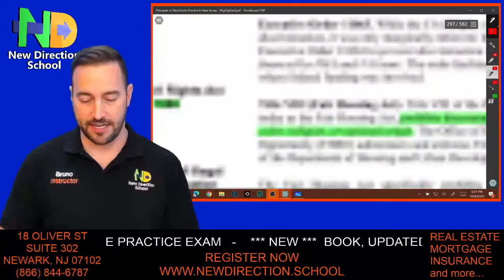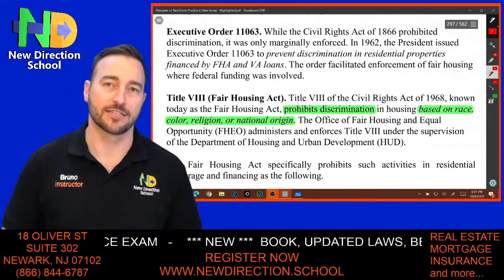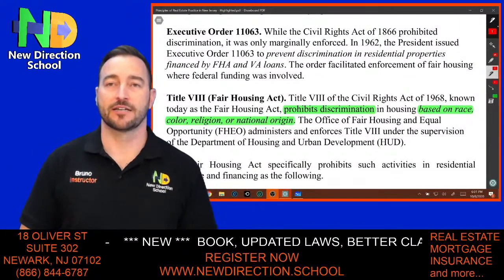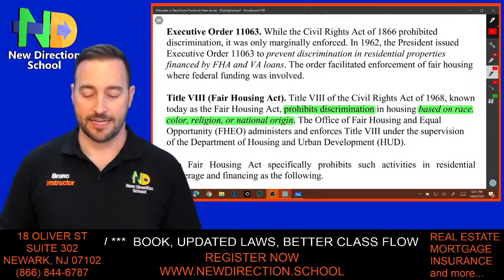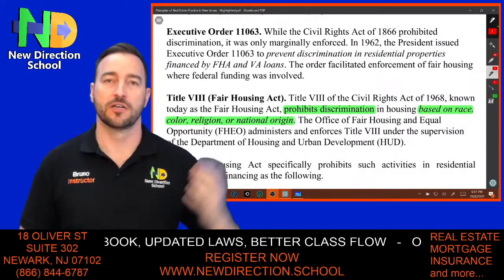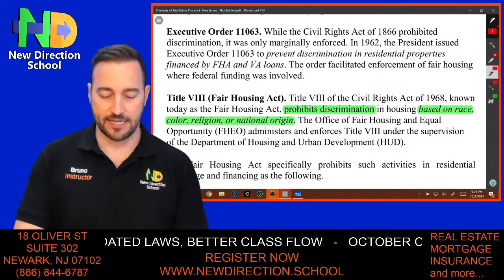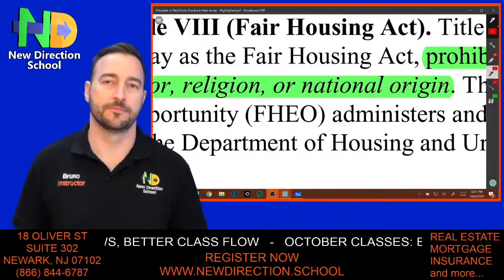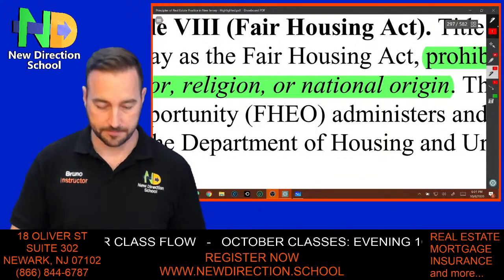In 1968, under Title 8 of the Civil Rights Act, they created the Fair Housing Act, specifically for fair housing. And this prohibits discrimination based on race, which we already knew, color, which we already knew, but then they added religion and national origin.